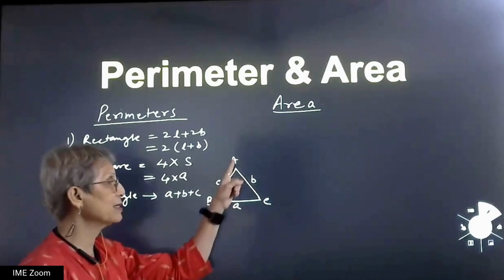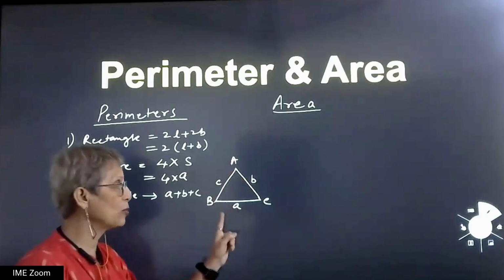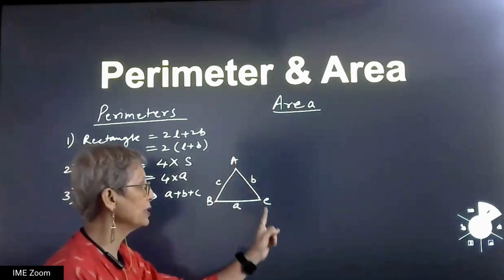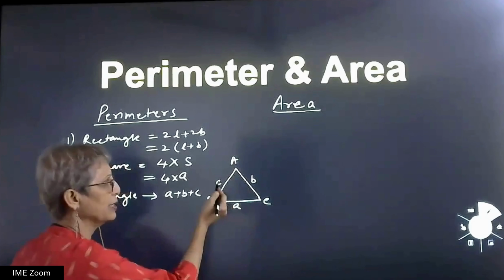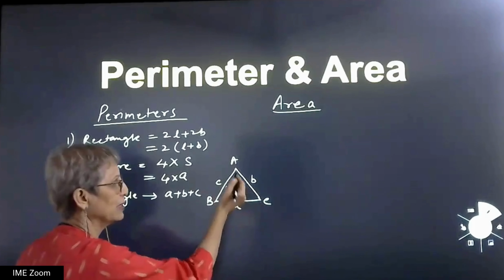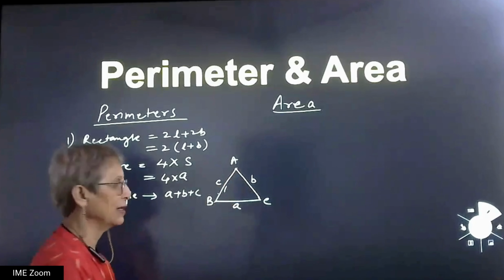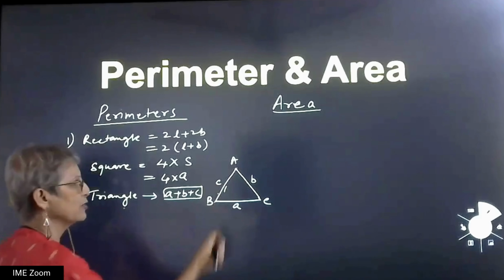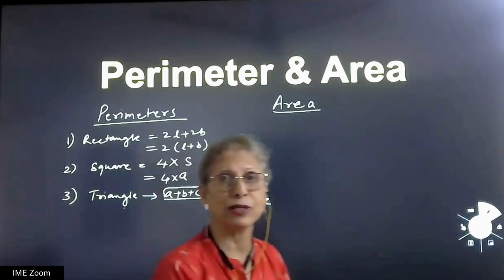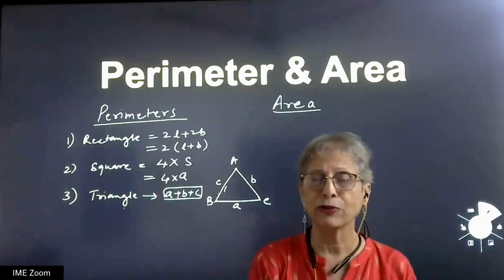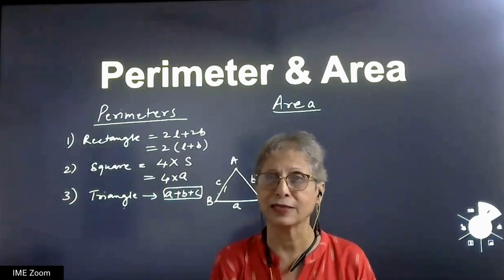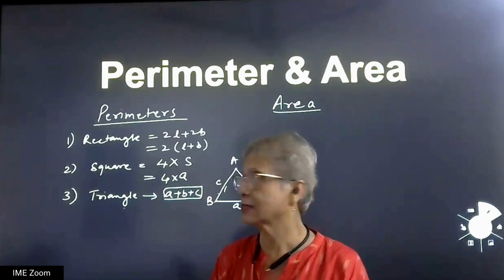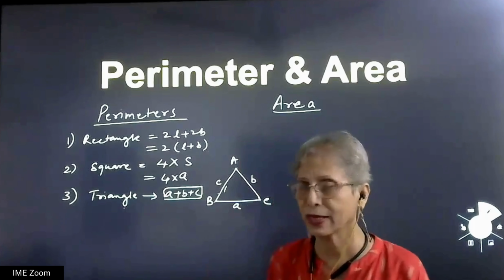Therefore the perimeter is the sum of lengths of all the 3 sides. Perimeter means total boundary, so whatever number of sides it has, you have to add them all. If they are equal, it is good. Otherwise, just add them.